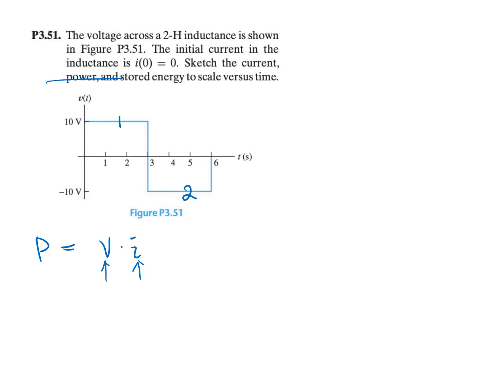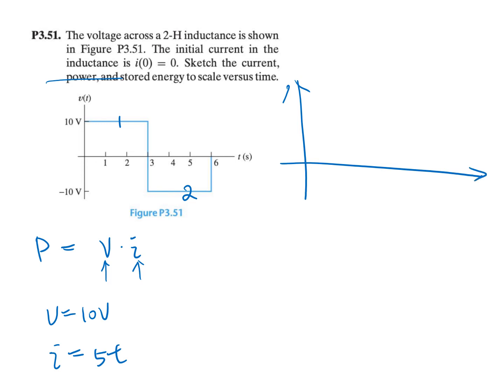So for the first stage, V is equal to 10 volts, and the expression for current is 5t. So we have 10 times 5t, which is 50t. So we can draw it like this.